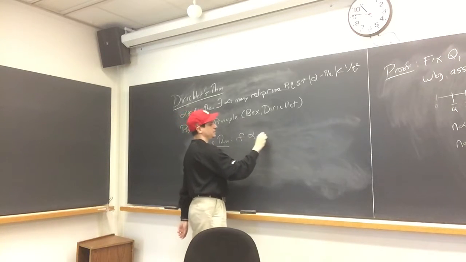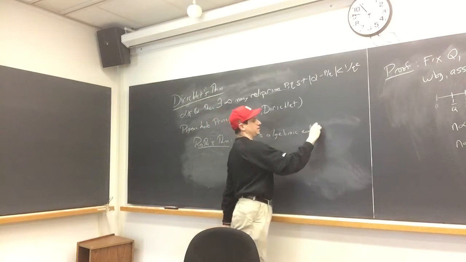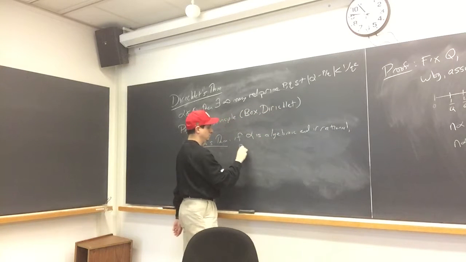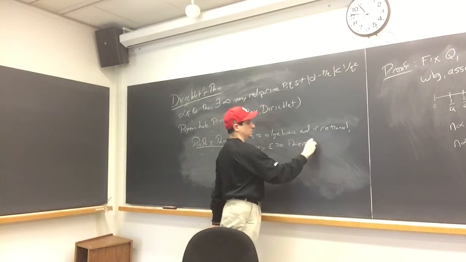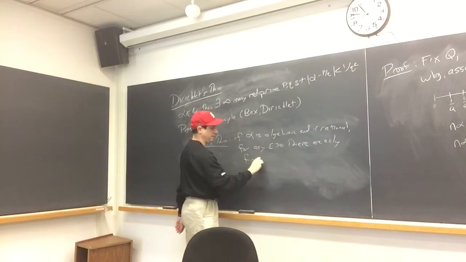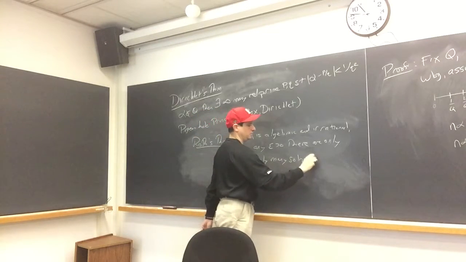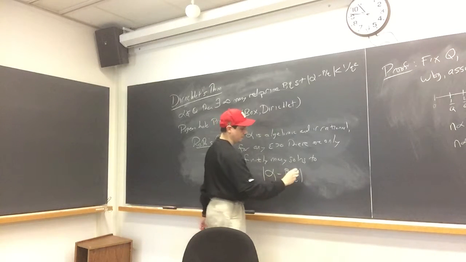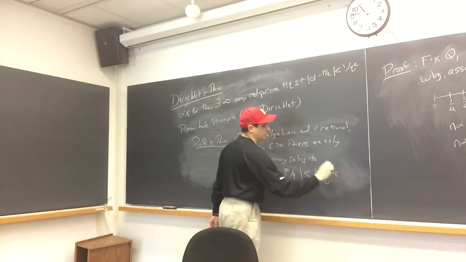If alpha is algebraic and irrational, for any epsilon greater than 0, there are only finitely many solutions to |alpha minus p over q| less than 1 over q to the 2 plus epsilon.